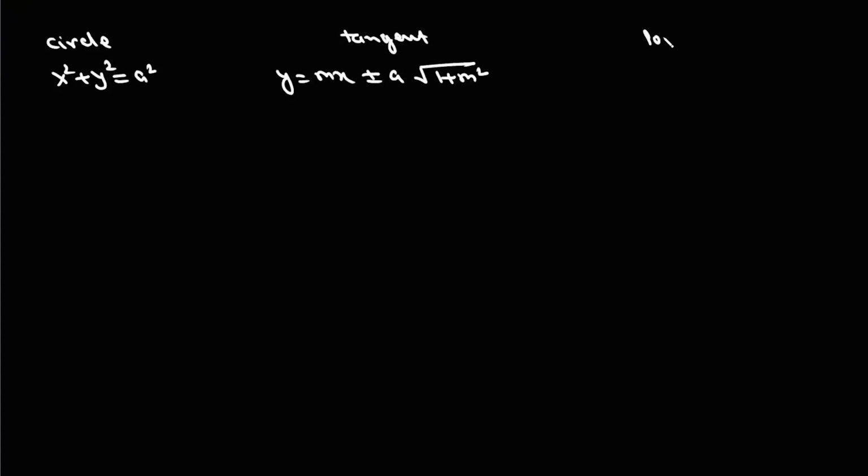And this point of contact is given by plus minus ma upon under root 1 plus m square comma a upon under root 1 plus m square. So this is for your circle.